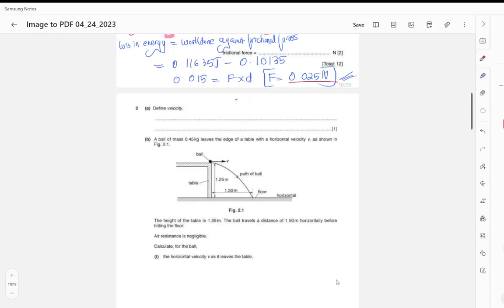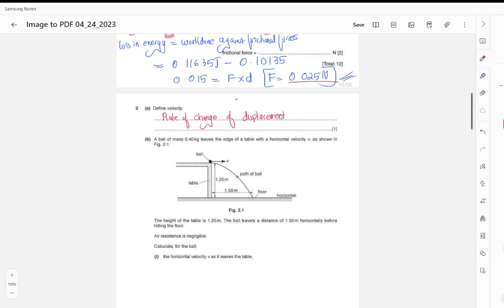Next question. Define velocity. It is actually the rate of change of displacement. Okay. Then a ball of mass 0.45 kg leaves the edge of a table with a horizontal velocity v as shown in figure 2.1.